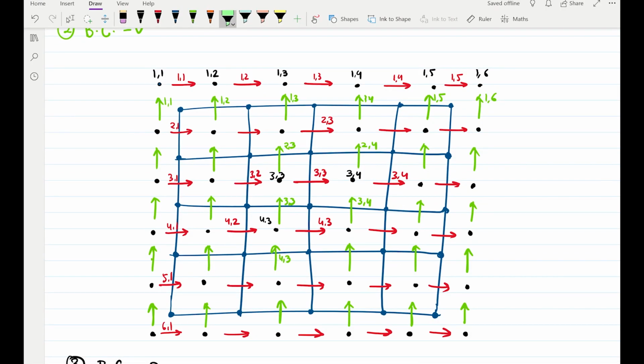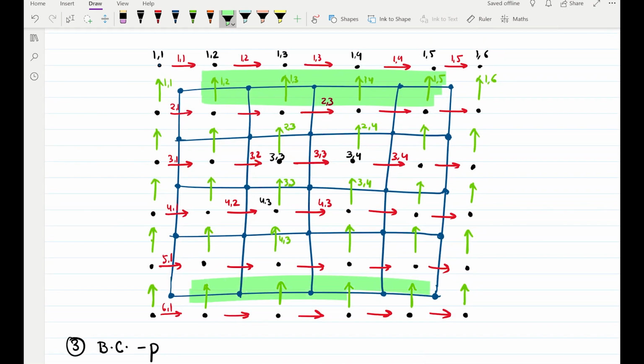So these velocities here, on the top and on the bottom boundary, lie on the boundary itself, and they would be 0 because the v velocity is supposed to be 0 in the system.